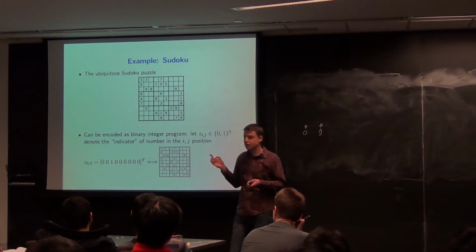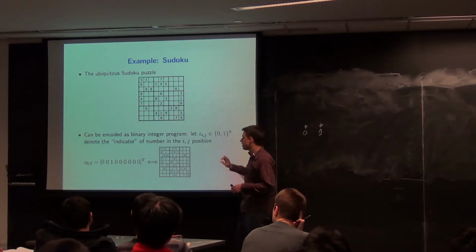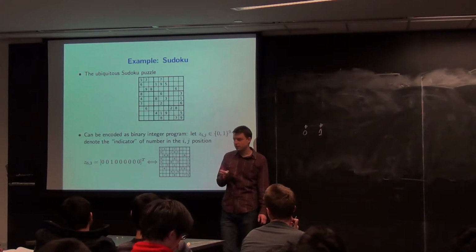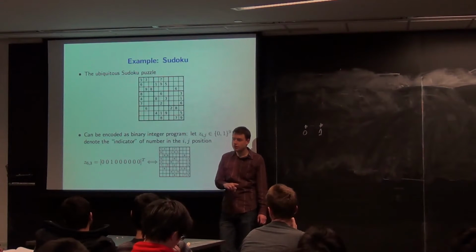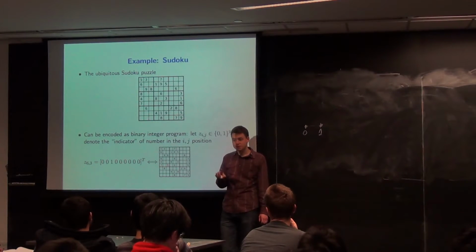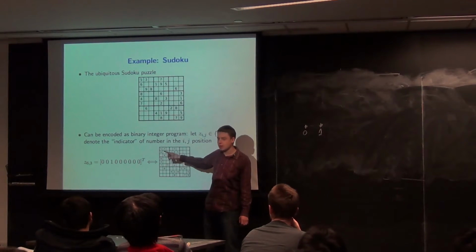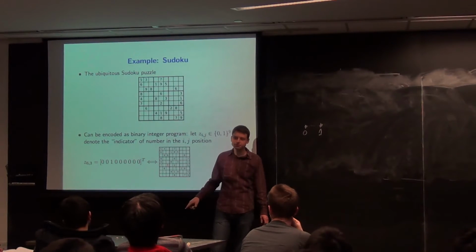It actually winds up that constraints like all of them having to be different are a little bit harder to represent in that framework. It's a little bit nicer to represent these as a binary integer program. And in fact, the solution times here are typically a little bit faster.